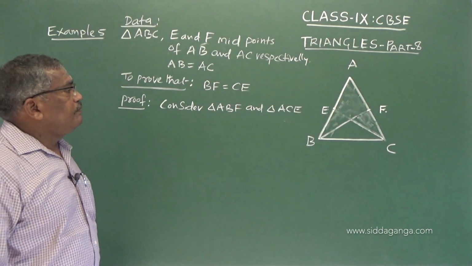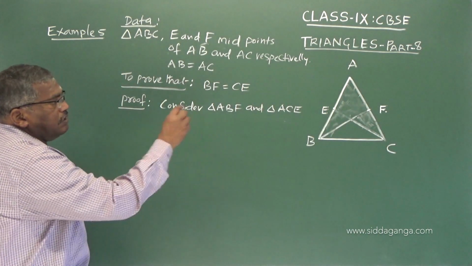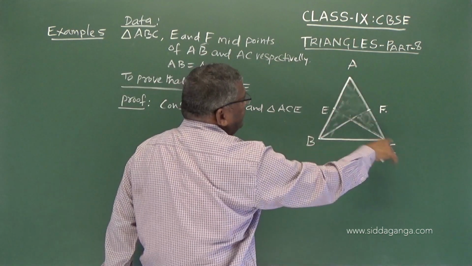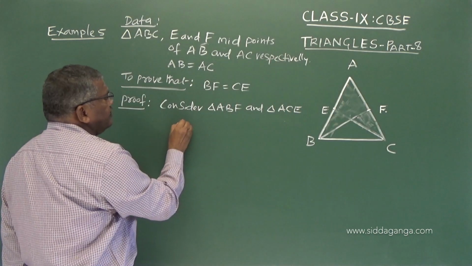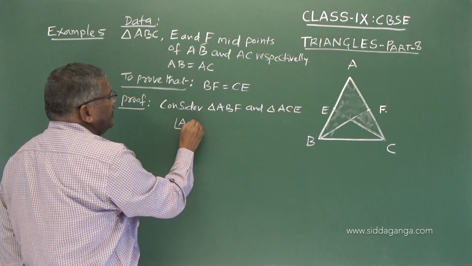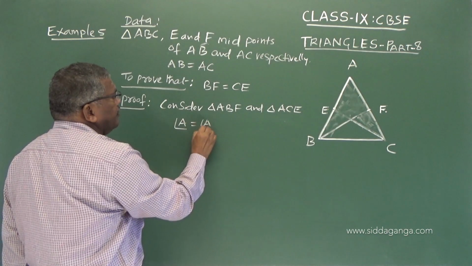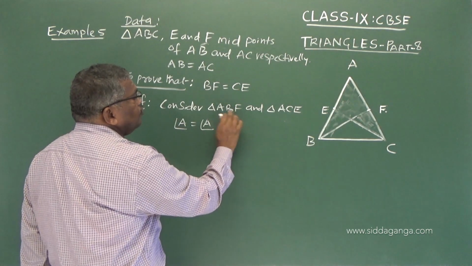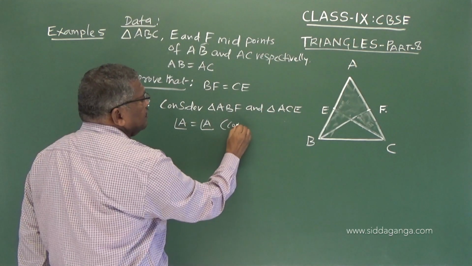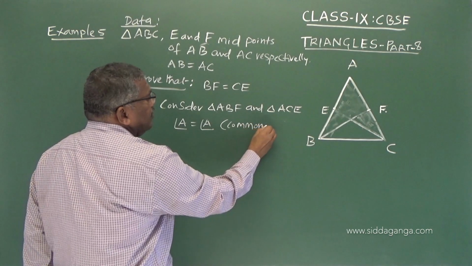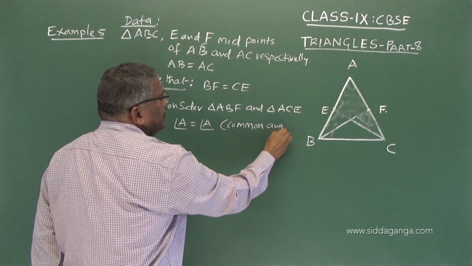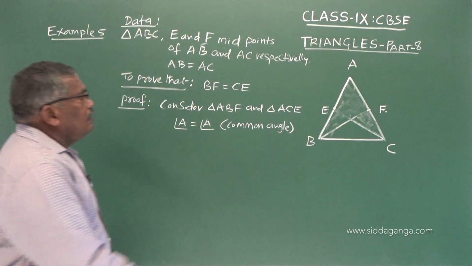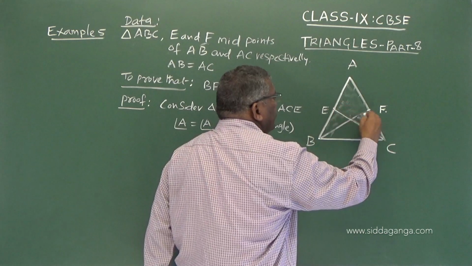Now, in those two triangles you can observe, in ABF and ACE, angle A equals angle A. It's a common angle, common to both the triangles which we are observing.